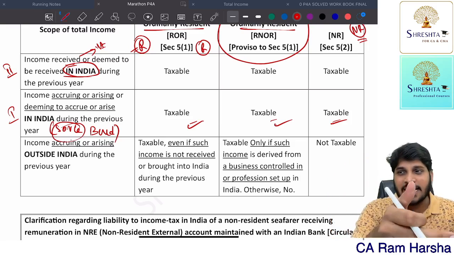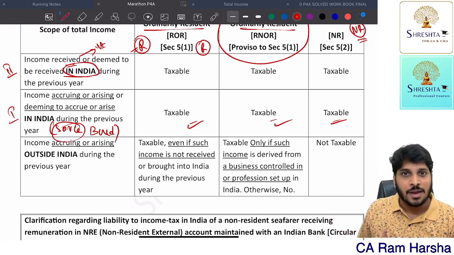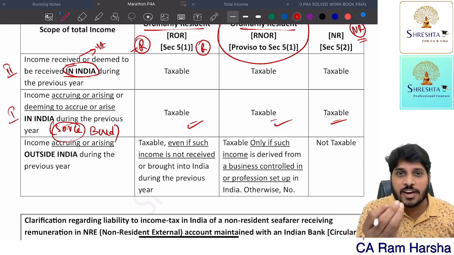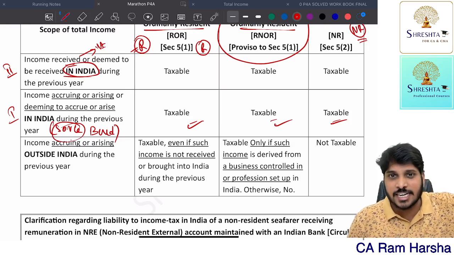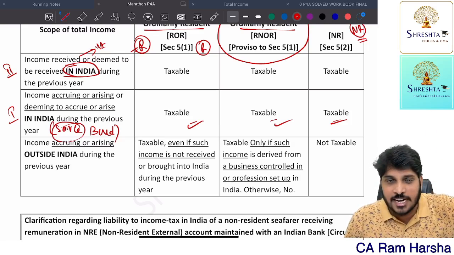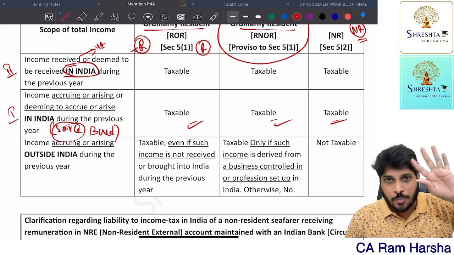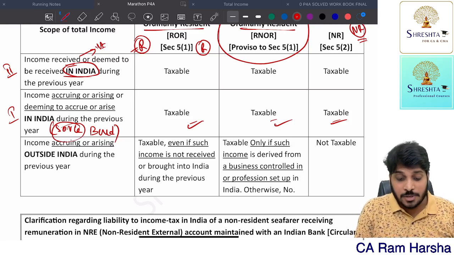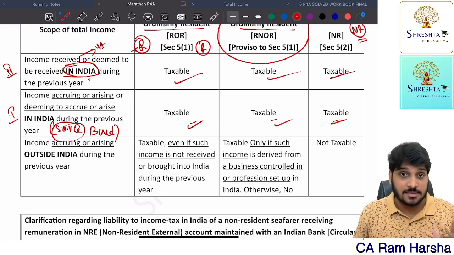That amount you later remitted to your parents in India. Now, where did you receive it? You received it in London only, the first time you got control of the rent income, in London itself. So receipt is in London, property is situated in London, source is in London. Both the source and receipt are outside, so not taxable at all. If the receipt is in India, it is taxable in all cases.